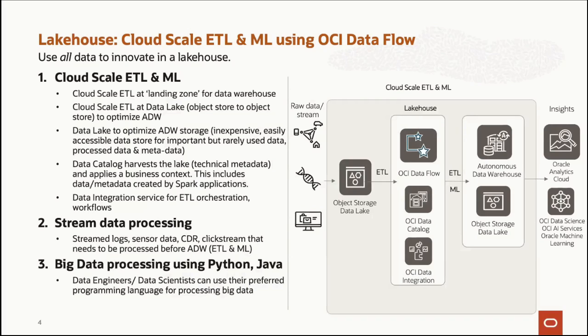If you have data scientists in your team who want to do Python notebooks, for example, or if you want to do a Java-based application, you can bring those in. You are not limited to SQL, for example. Great. So we can use all our data to innovate in a Lakehouse, and Data Flow will help you to do cloud scale ETL and machine learning on all the data that you bring into the Lakehouse.